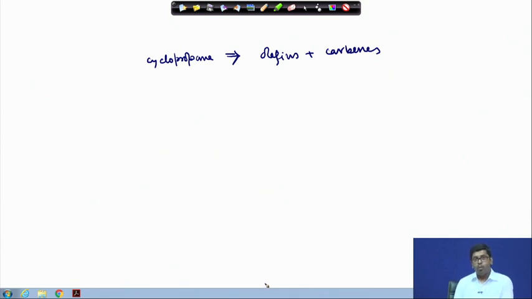Okay. Now, what will be its mechanism? How will it work? Fine. So, now if you see the mechanism of this reaction, the mechanism actually depends on the nature of the carbene. That means, whether it is singlet or triplet.